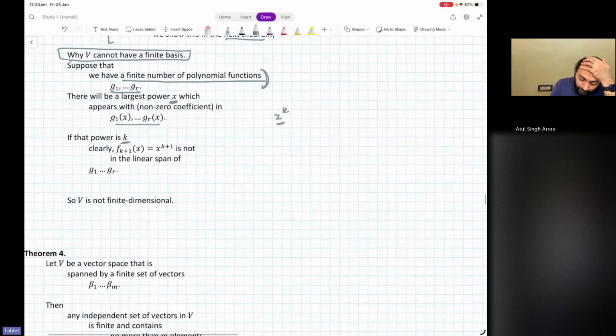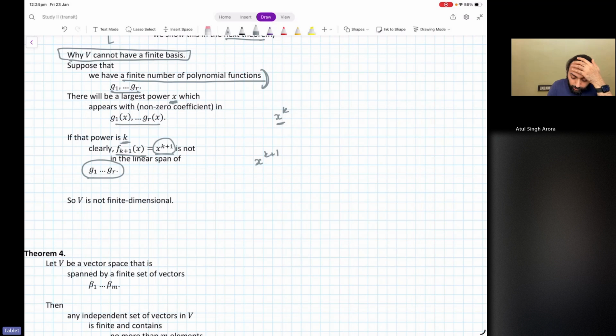Now, recall that f_{k+1}(x) was defined as x to the k+1, right? Yes, sir. And that is clearly not in the span of g_1 to g_r. There's no way you can produce x to the k+1 using a linear combination of lower powers.